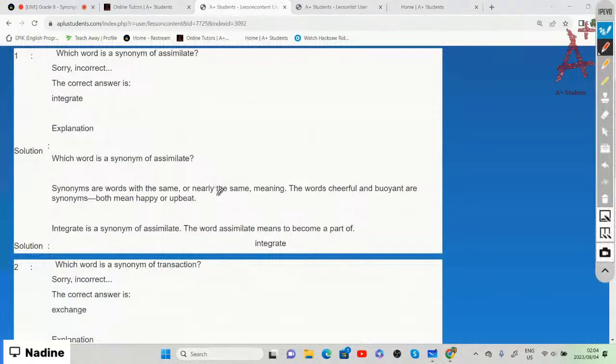So synonyms are words with either the same or nearly the same meaning. Cheerful and buoyant are synonyms because both of these words mean either happy or upbeat. So it's basically words that you can choose where the meanings are almost the same.